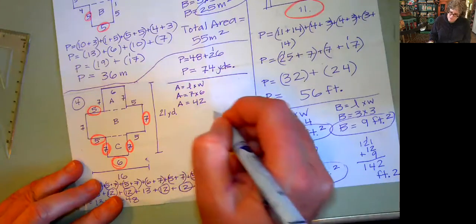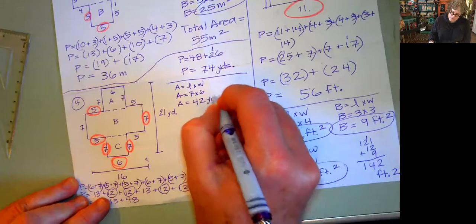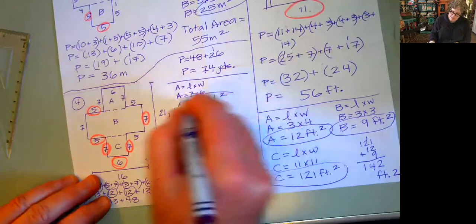What did we say these were? Yards? Yeah, we did. Okay, so that's A.